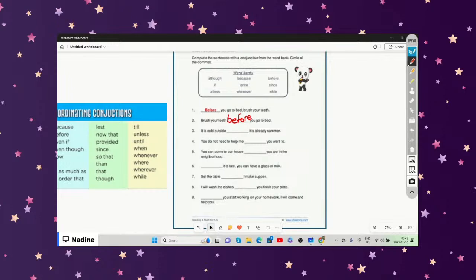It is cold outside. It is already summer. You need to choose from the word in the box. Is it although, if, unless, because, once, whenever, before, since, and while?